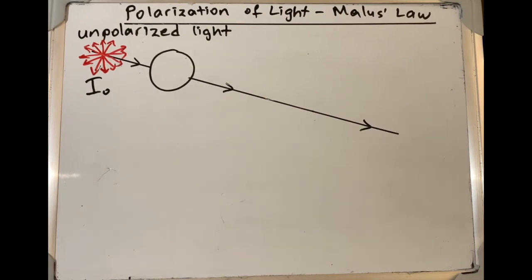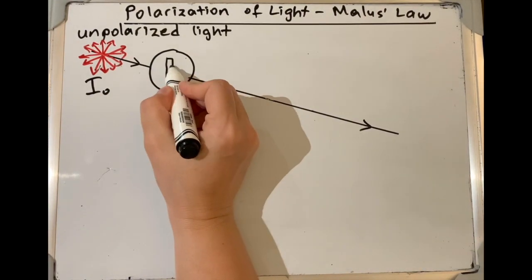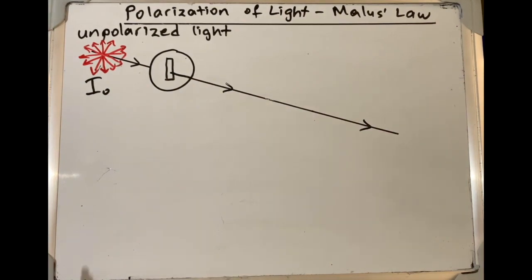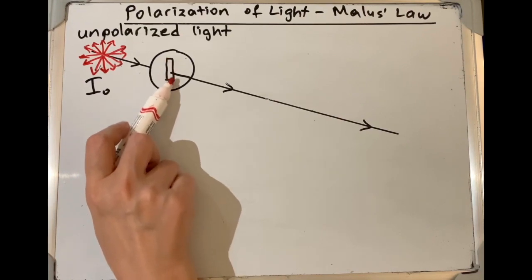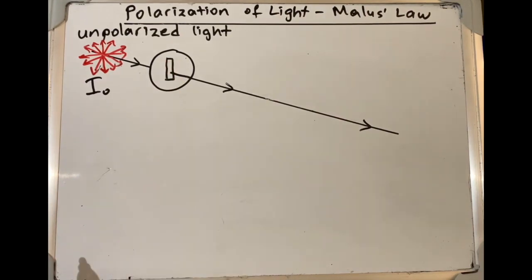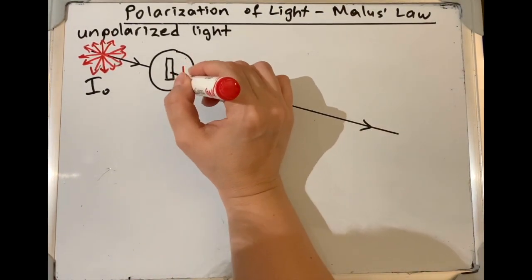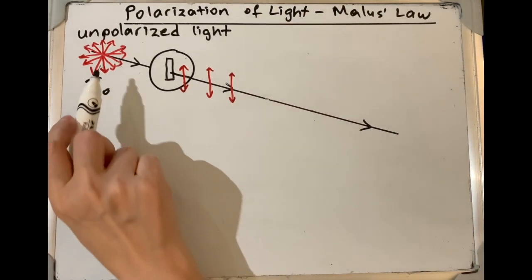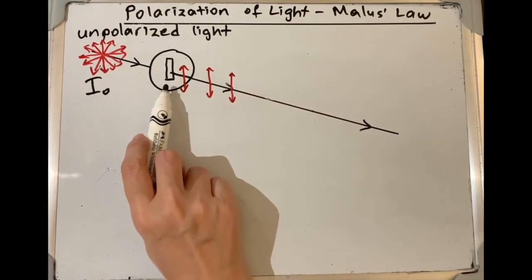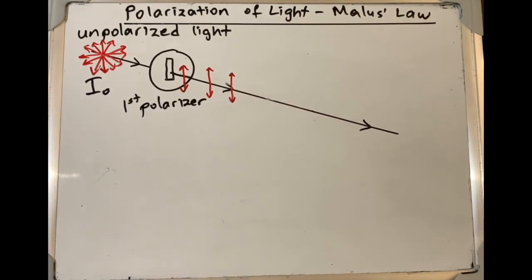And if that filter has a polarization axis aligned vertically, we represent it like that, which means only the oscillation of the electric vector on that alignment can remain after passing through this polarizer, which means after passing through this polarizer, the oscillation of the electric field vector will only be in that axis.